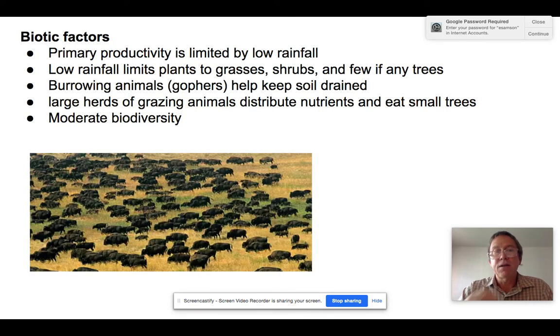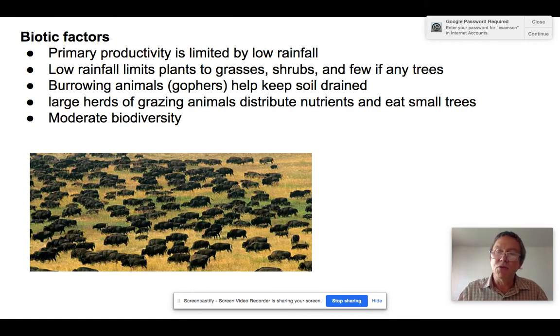As far as biotic factors, they have limited productivity, not because of a lack of temperature, but because of a lack of moisture. You can't really grow plants and capture sunlight if you don't have much water to do it, because it turns out plants need water. So that limits the plant life to basically shrubs, grasses, and maybe a few small trees.